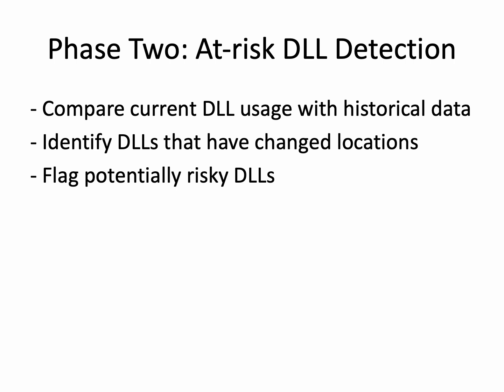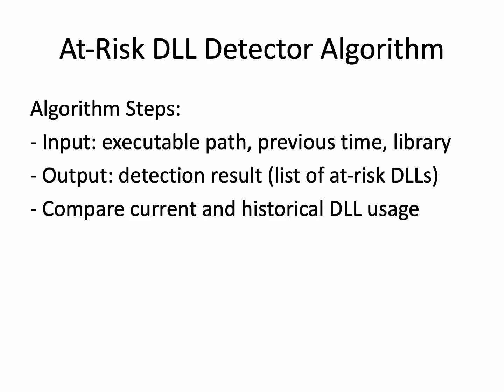The second phase is called at-risk DLL detection. It compares the current DLL usages with the historical ones generated in phase one, identifies the DLLs that have changed locations, and flags the potentially risky DLLs. We have an algorithm called the at-risk DLL detector, which has a few steps.